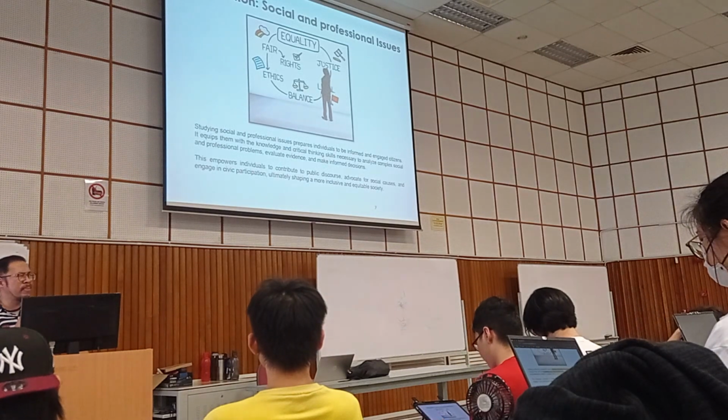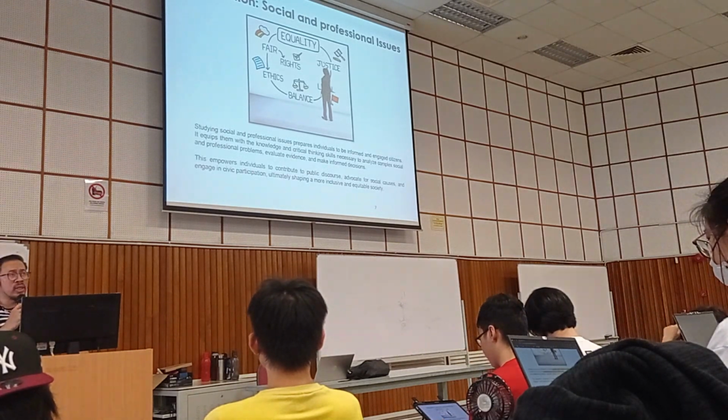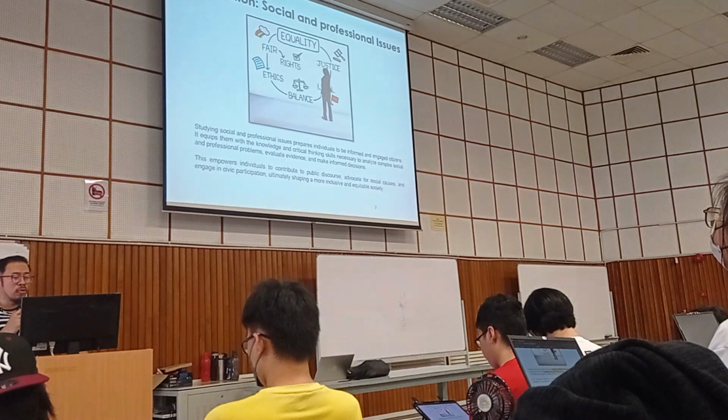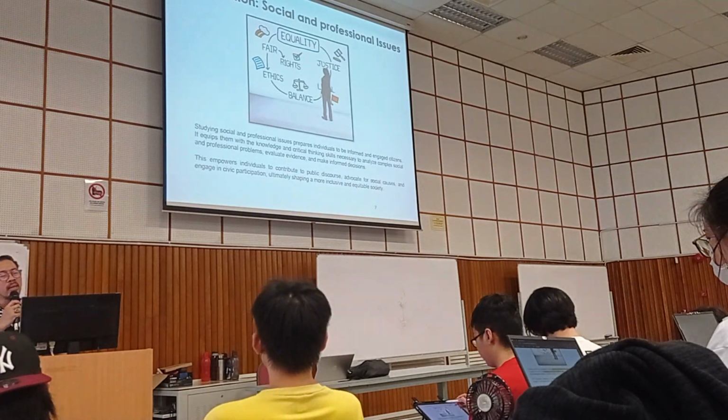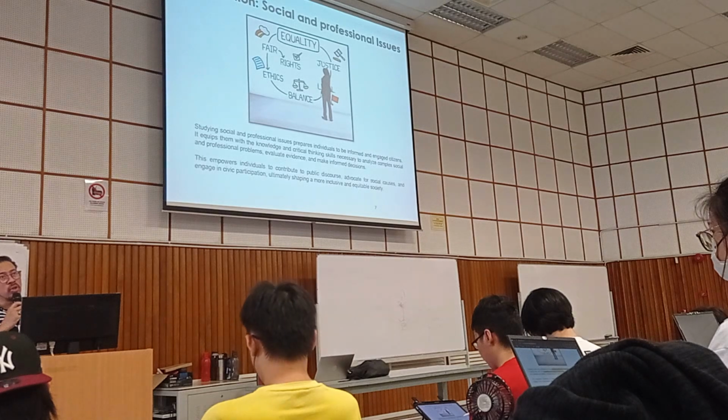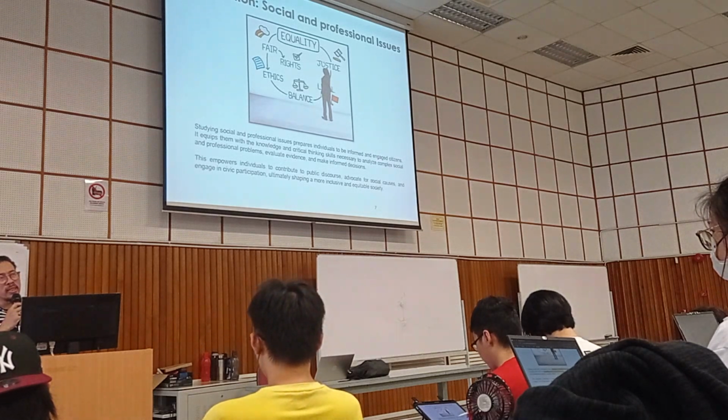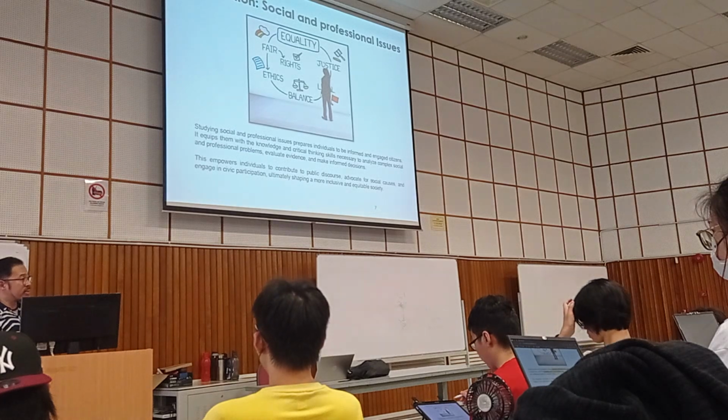This is something that I mentioned just now. How to do things professionally. So when, let's say, there's an issue, there's a problem, of course you need to back it up with evidence.